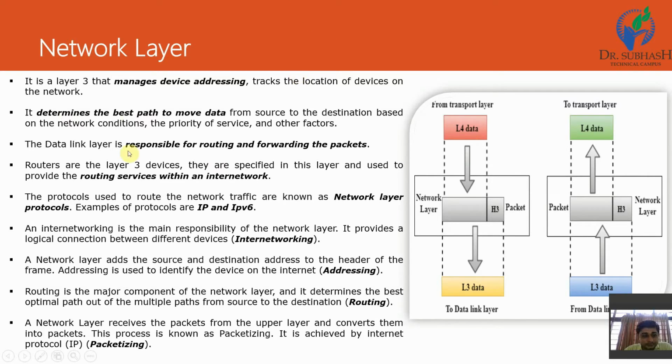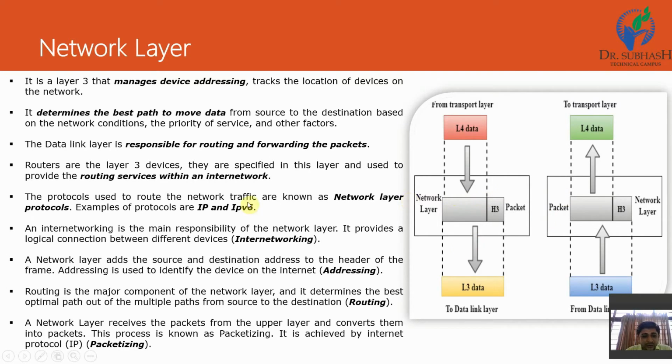Another one, the network layer is responsible for routing and forwarding the packets. Routers are layer 3 devices. They are specified in this layer and used to provide routing service within the internetwork. Routing is to find the route from source to destination. That is the basic work of routing. So the routing mechanism is implemented in this layer.